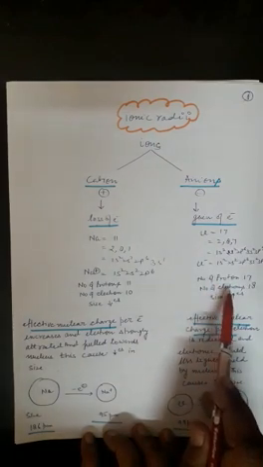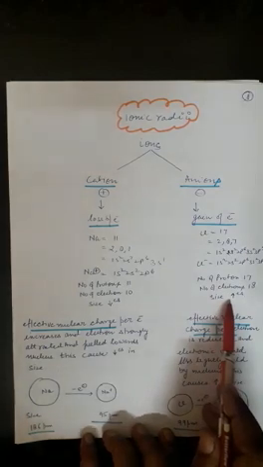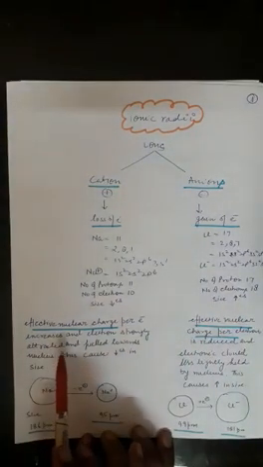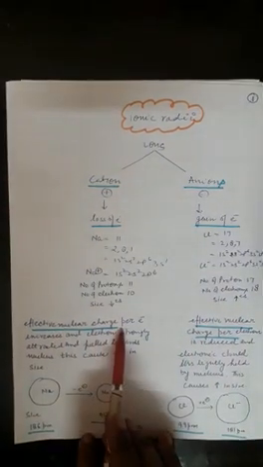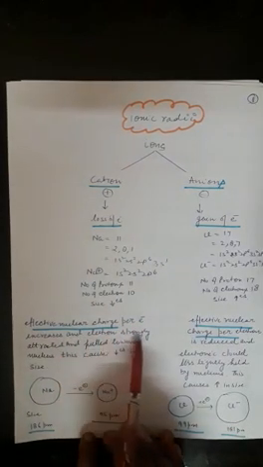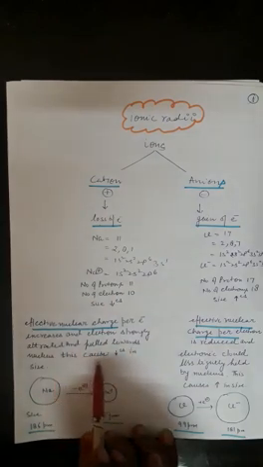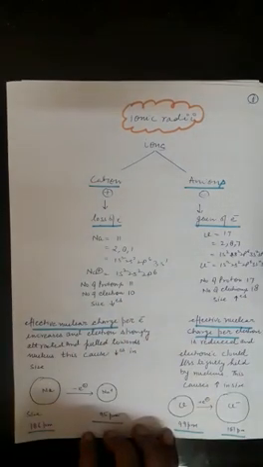That means effective nuclear charge per electron decreases, so the size increases. So the definition part: effective nuclear charge per electron increases and electrons are strongly attracted and pulled towards the nucleus, which is responsible for the decrease in size.